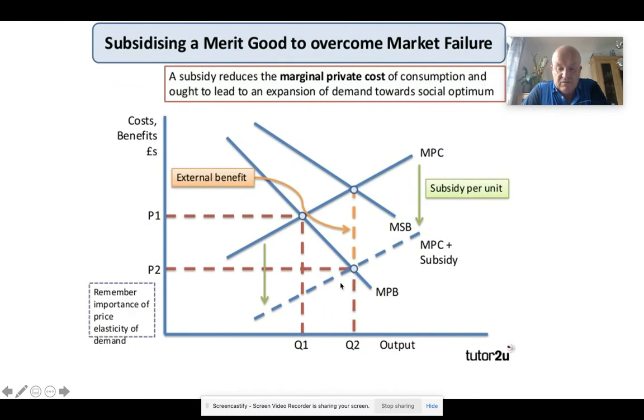And effectively what we're finding here is that we've got P2, so a lower price, and in this case that is hopefully going to create greater amounts of production that all can benefit from. Okay, so in this case the subsidy reduces the marginal private cost of consumption and should lead to an expansion of demand towards the social optimum, but it does obviously depend on the price elasticity of demand for that particular good or service. But you can see how that might work for a merit good too.